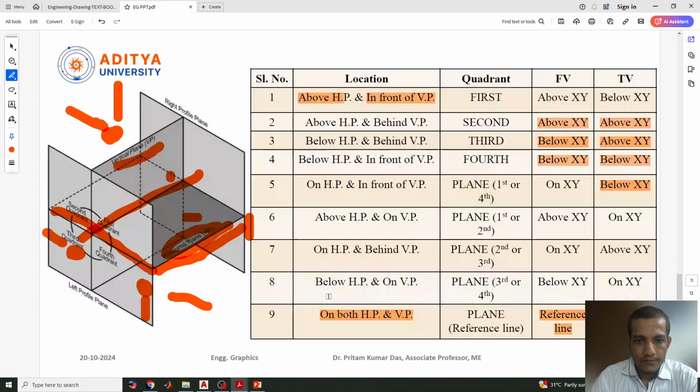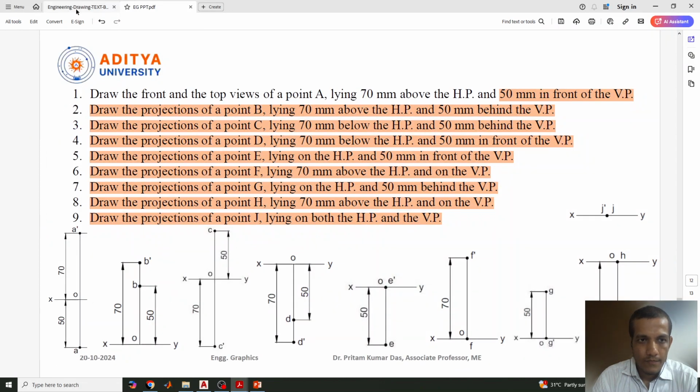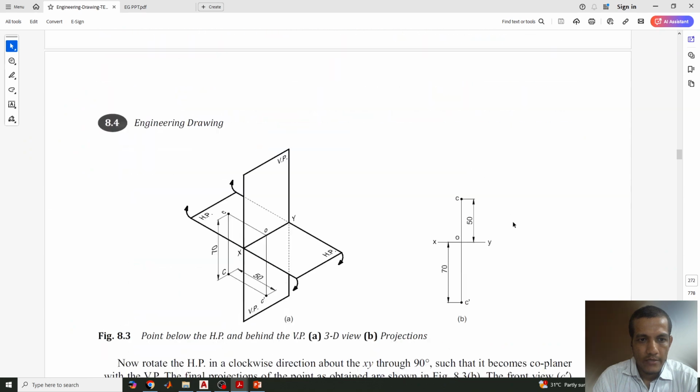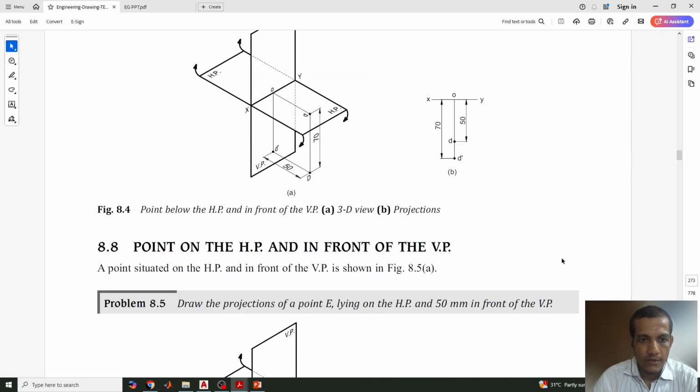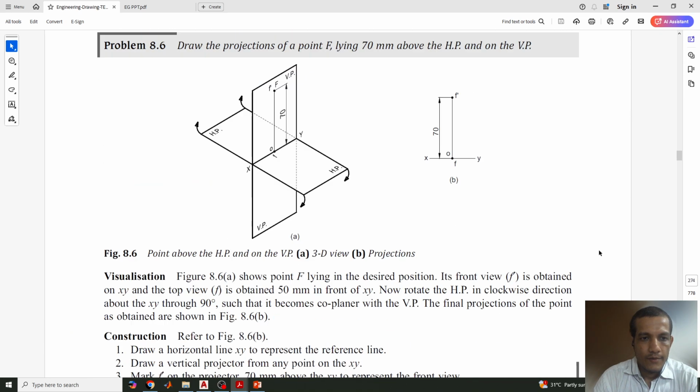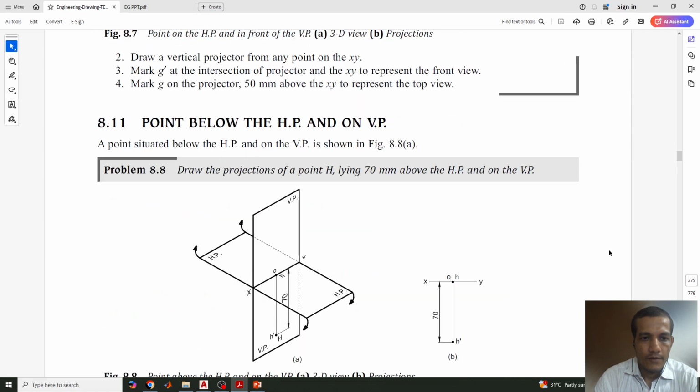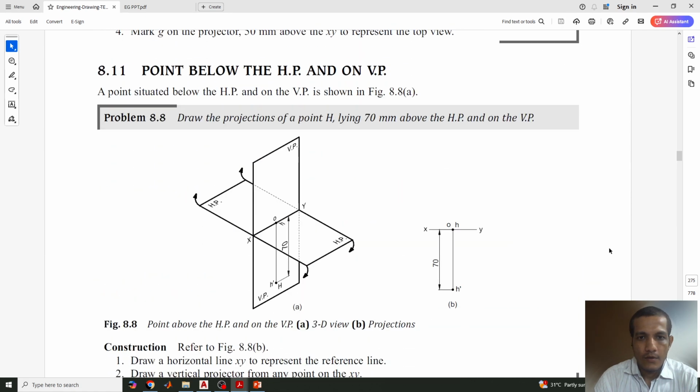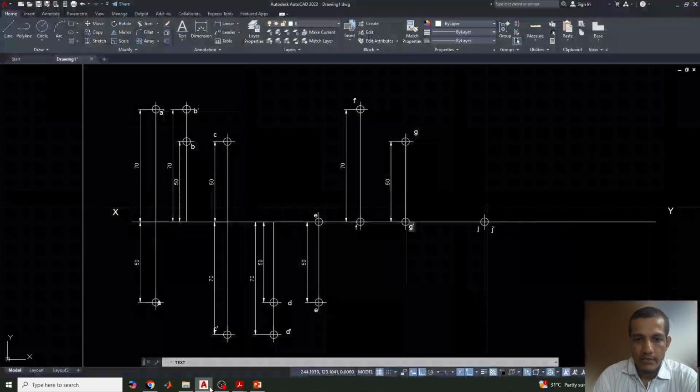We'll see question number 8. Let's see what is given in this question. The projection of a point H lying on HP, lying 70 mm above HP. Above HP means it should become up, which we have already completed. So this question is given wrong.